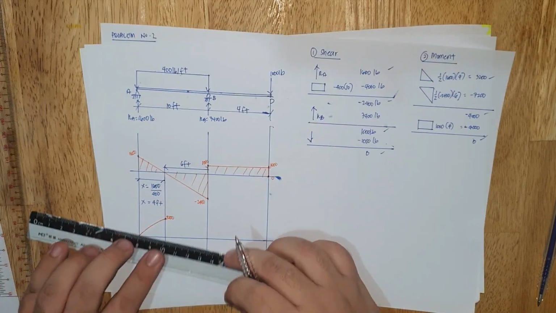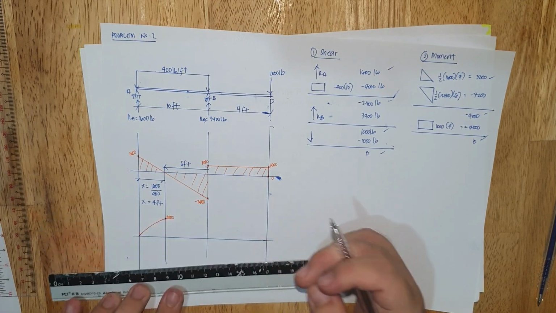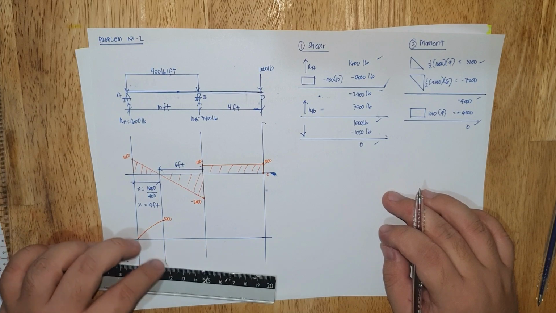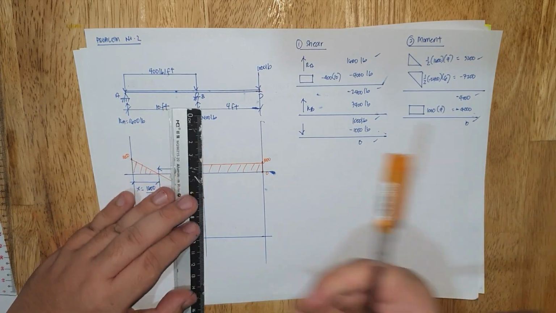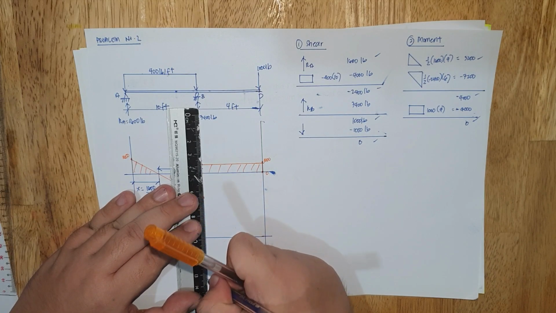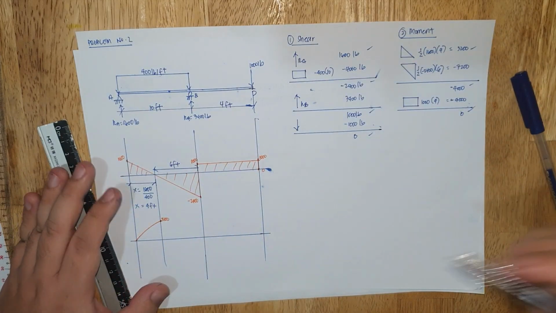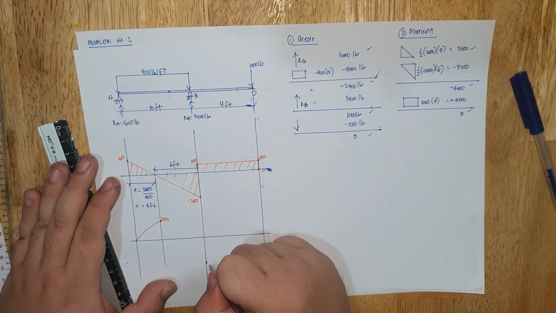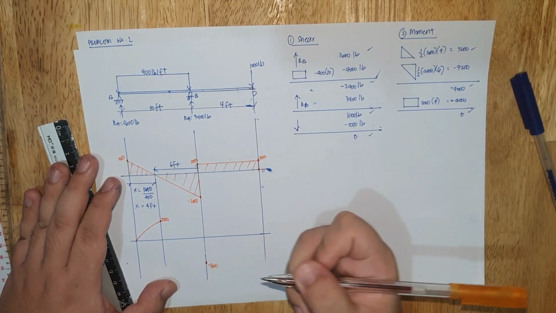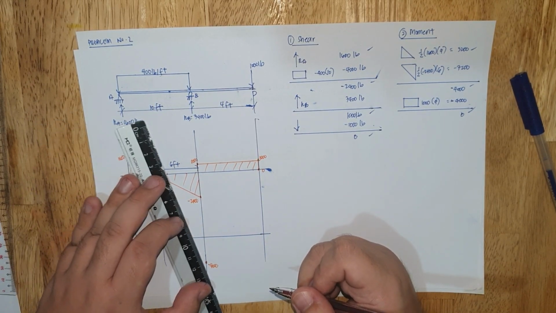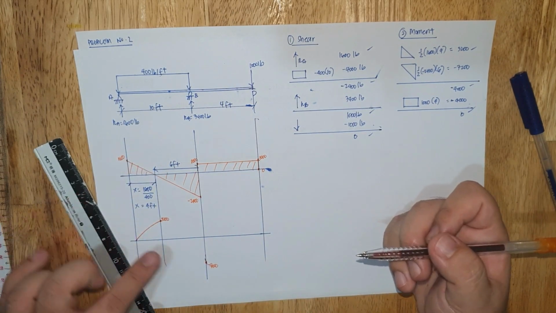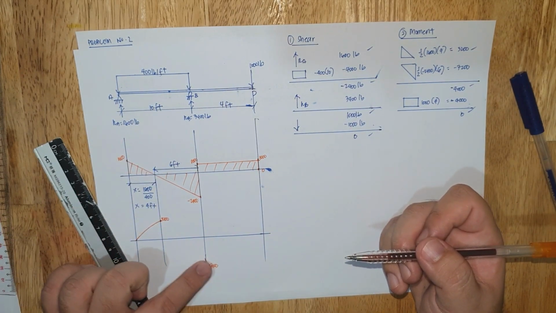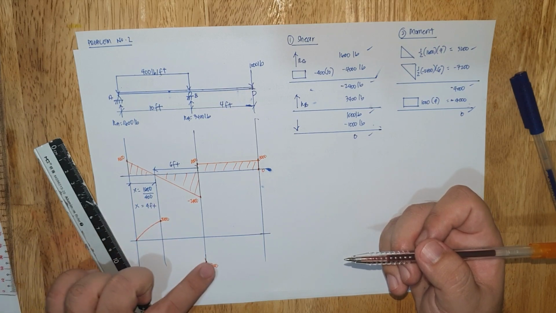Pag ganyan kasi kailangan mag 0 siya dito. Okay, then kasunod is negative 4,000. Ito yung negative 4,000 natin. So hindi natin ma-achieve to pag ganun yung direction natin.